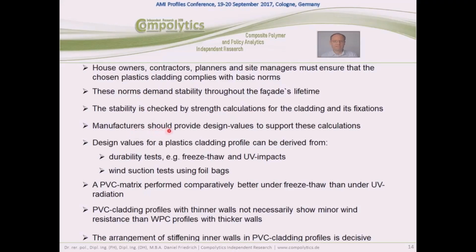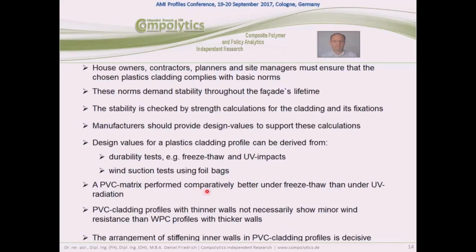The manufacturers of these profiles should provide design values with which one can do the strength calculations, and the design values can be derived from durability tests in climate chambers for freeze, thaw and UV, and by wind suction tests using foil bags as described before.